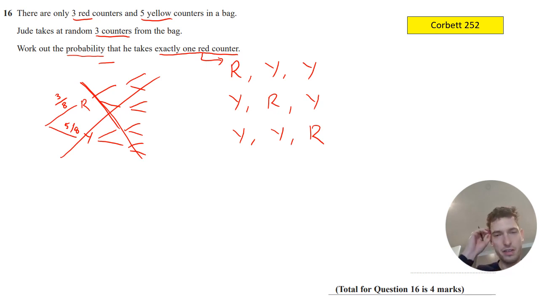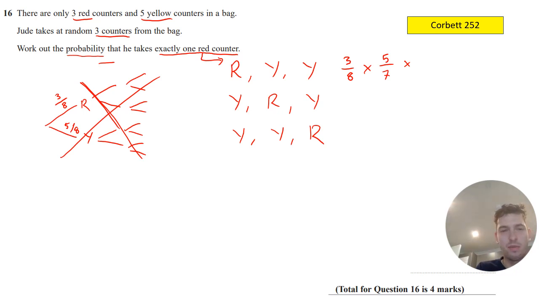For the first one, what's the probability I take a red counter first? 3 out of 8. What's the probability I then take a yellow? Well, there's still 5 yellow left, but this time there's only 7 counters in the bag because I've already taken one. And then what's the probability I then get another yellow? Well, there were 5 yellows.